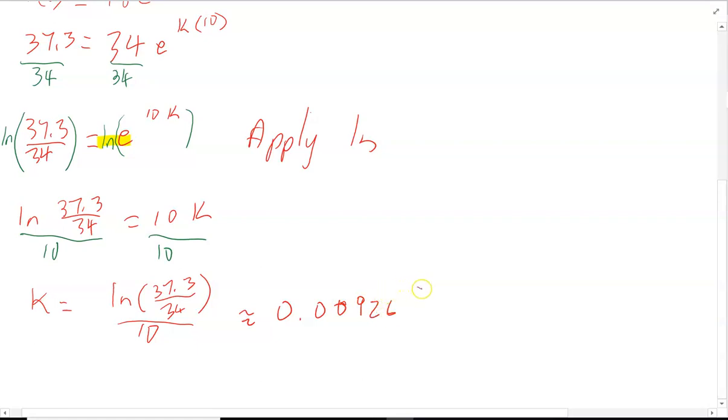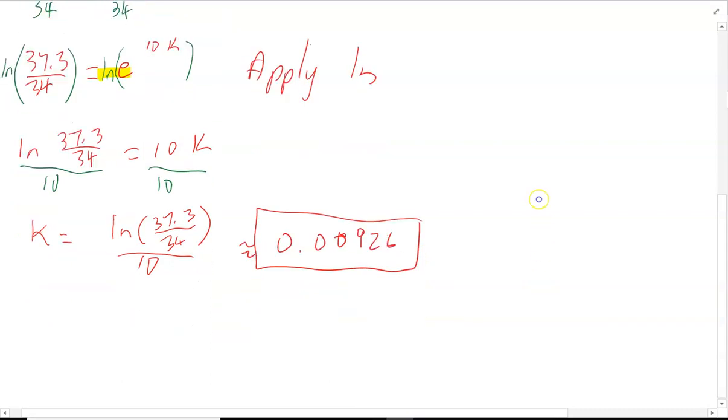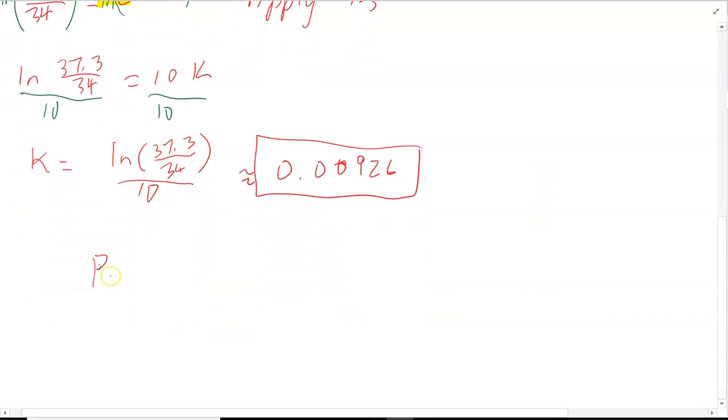And so that is the k that we will be using in our formula. So the formula then will be P of t is equal to 34 e to the 0.00926t. So that is our formula.